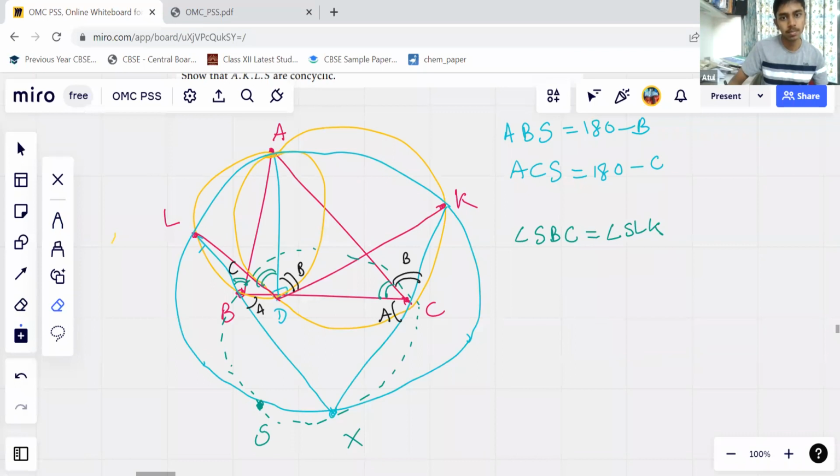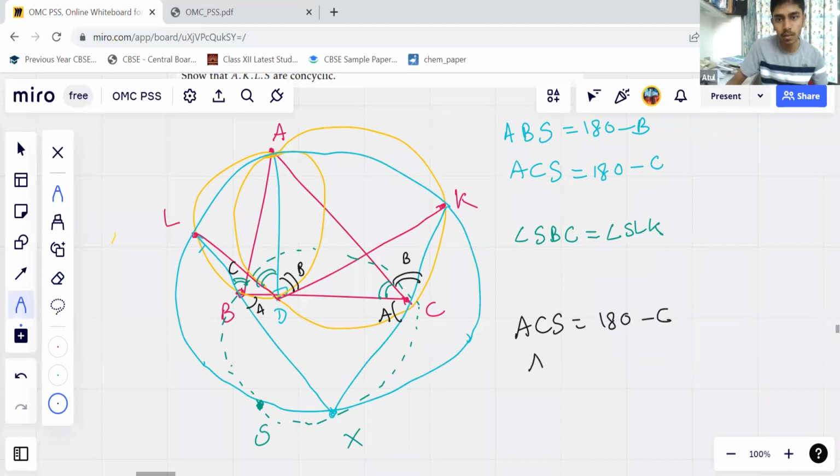Okay, so we do know that angle ACS is 180 minus C, and we know ACX is 180 minus B. Which of these is greater? ACS is greater.